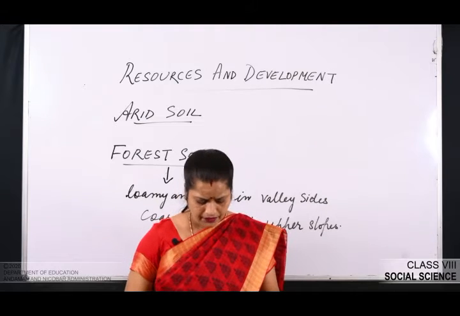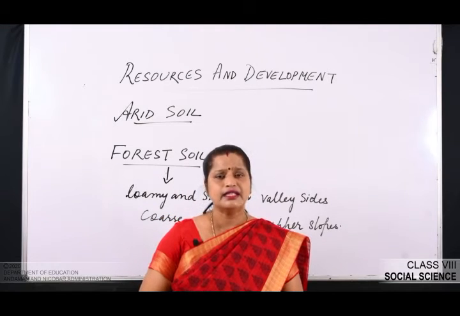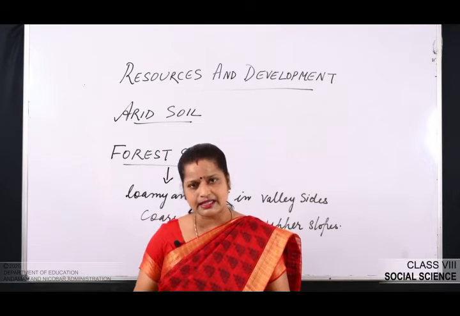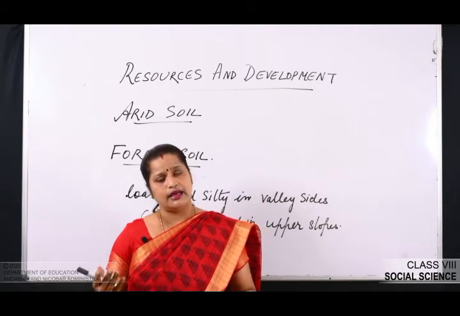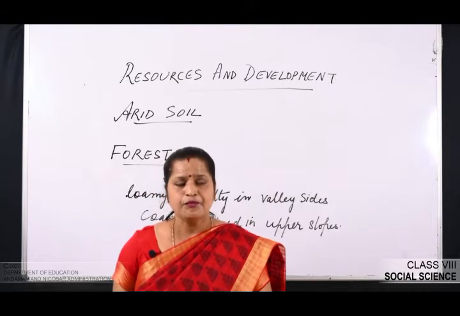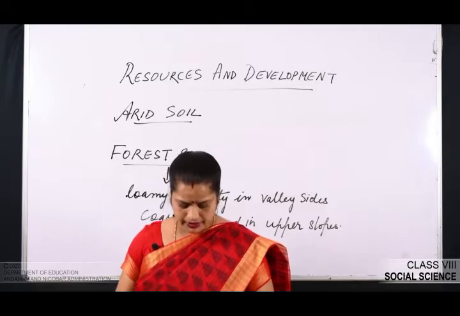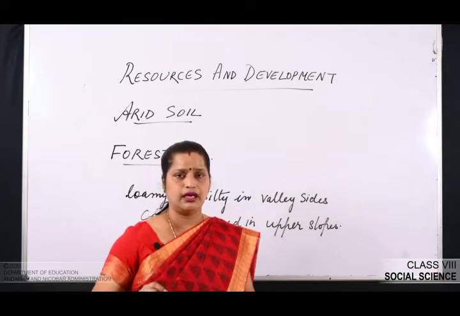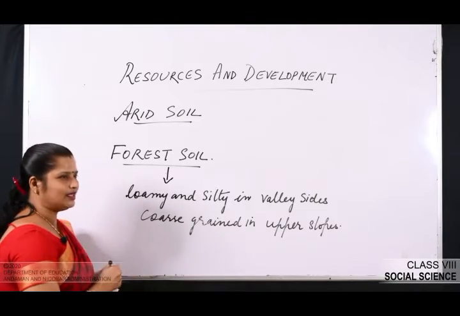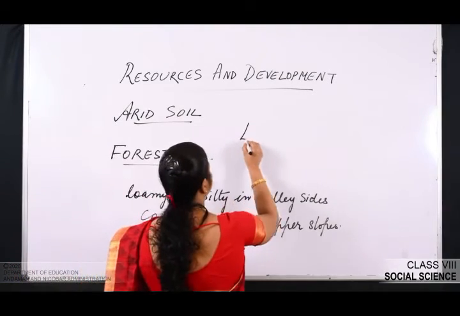So, after the forest soil, we have discussed almost all the types of soil. We have already discussed laterite soil, alluvial soil and all, isn't it? But in the laterite soil, I would like to tell you about leaching. I told you in the previous class, there was one term that came, called leaching.